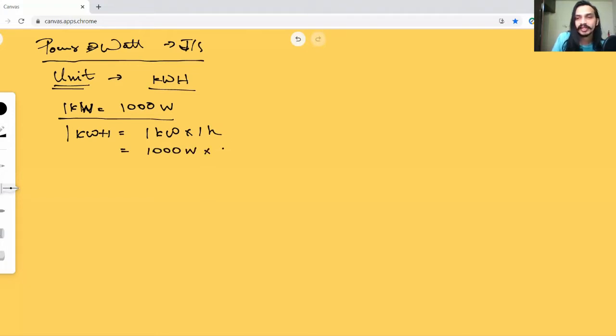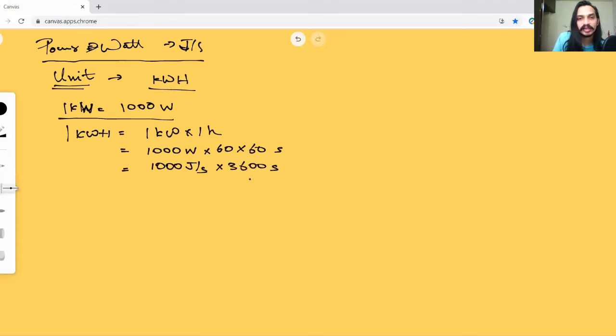Now we need to change hours to seconds. I know 1 hour is 60 minutes, and to convert minutes to seconds, I'll again multiply with 60. So this 1,000 watt I can write as 1,000 joules per second, and this into 3,600 seconds.